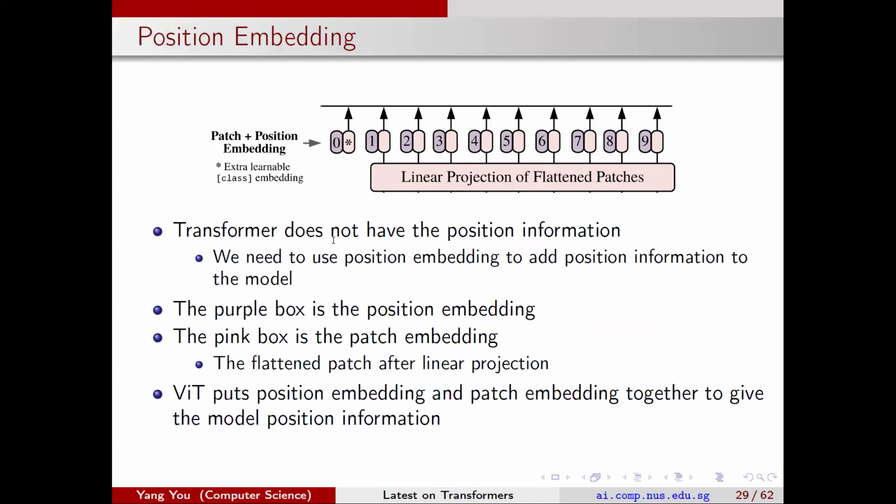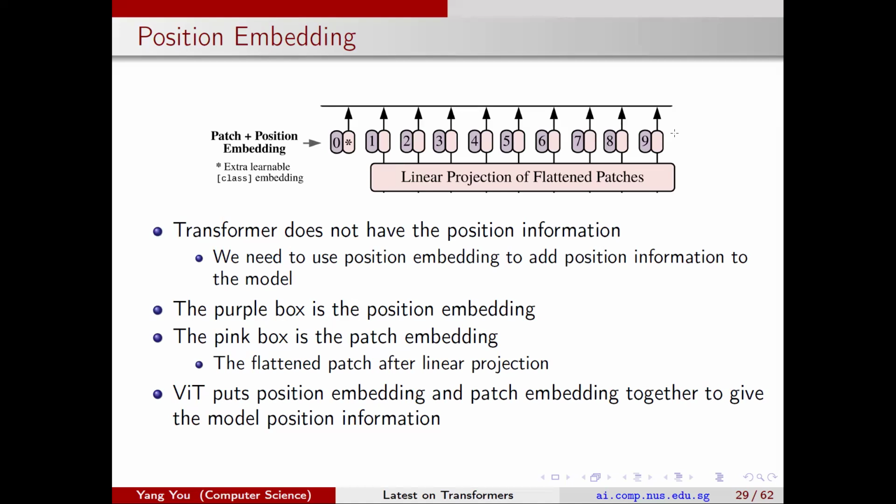Let's also talk about the position embedding. The pink box is a patch of the image, and the purple box is the position embedding, numbered 1, 2, 3, 4, 5, 6, 7, 8, 9. Because the transformer doesn't have position information, any two tokens are treated as equal to each other.